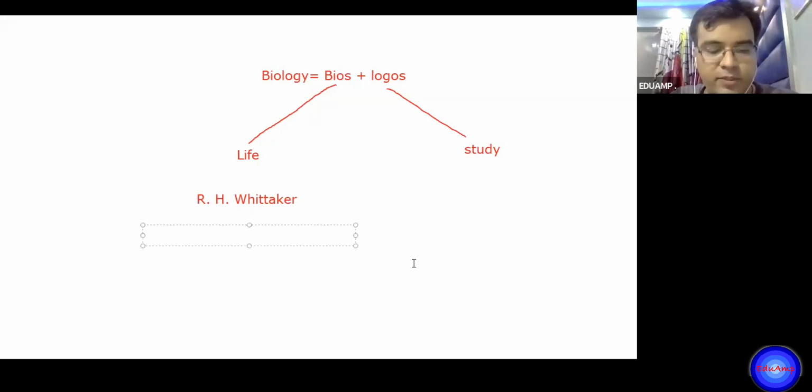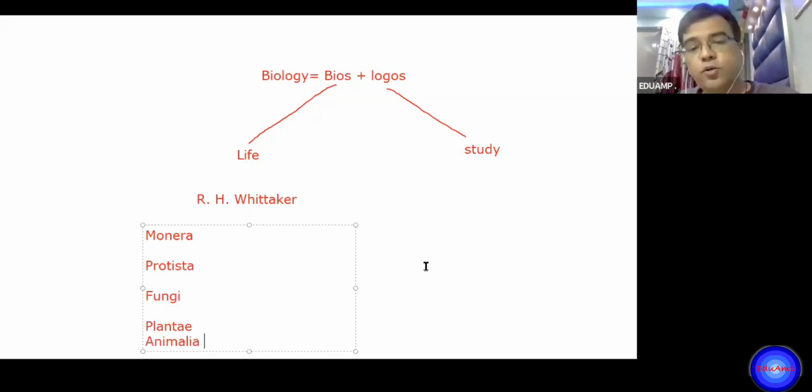And these kingdoms are kingdom Monera, then kingdom Protista, then kingdom fungi, then kingdom plantae, and then kingdom animalia. So I hope you're familiar with this. I would not go into the details of these, but you know that kingdom Monera is the only kingdom which is having prokaryotic organisms.